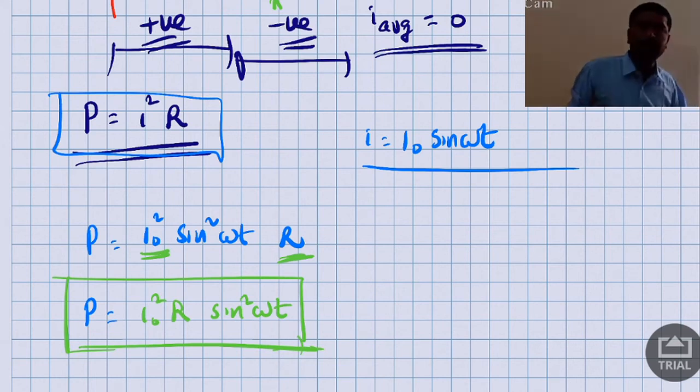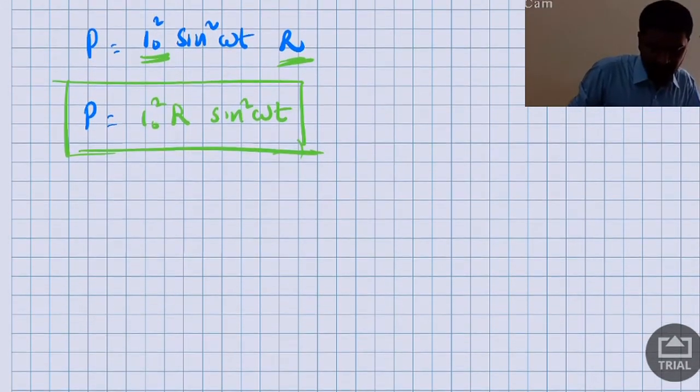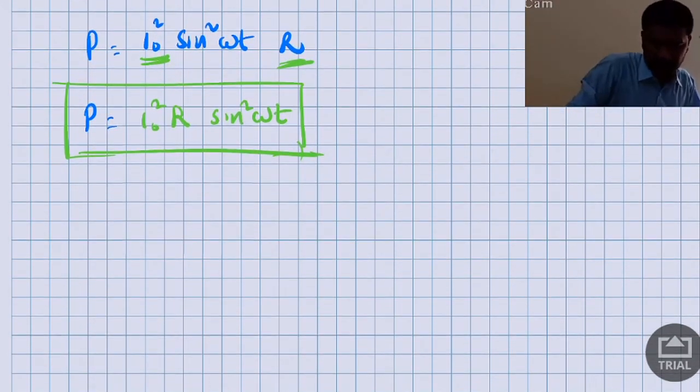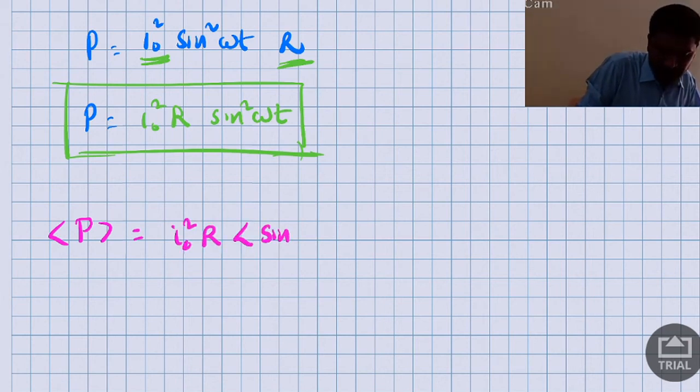Now I am calculating the average power dissipation. If I calculate the average power dissipation in the circuit, the average value of sin square omega t is 1 by 2. So the average power dissipation in the circuit will be equal to I0 square R, which is common, times the average value of sin square omega t.